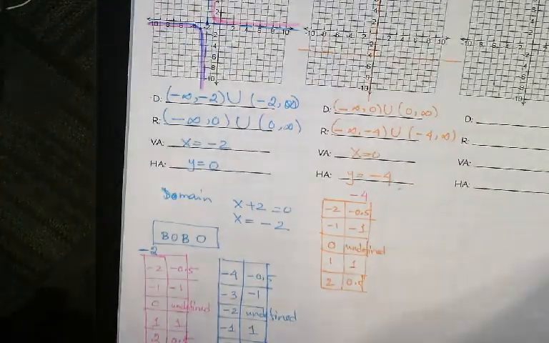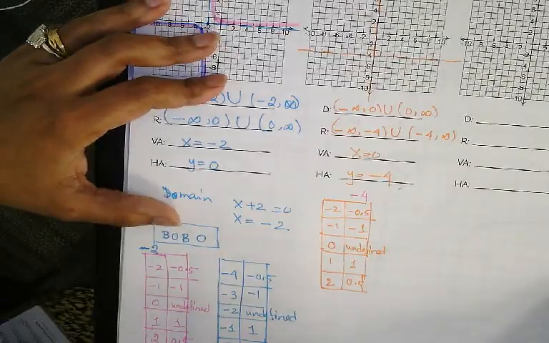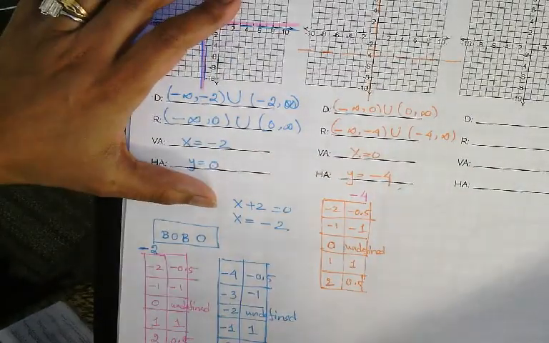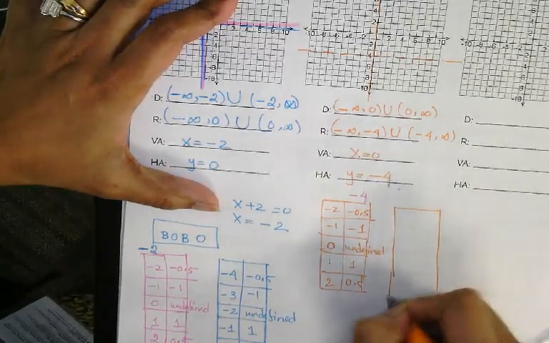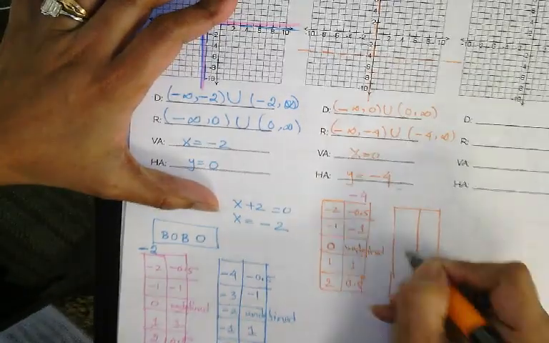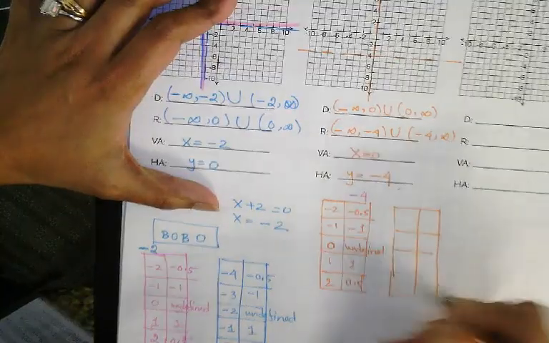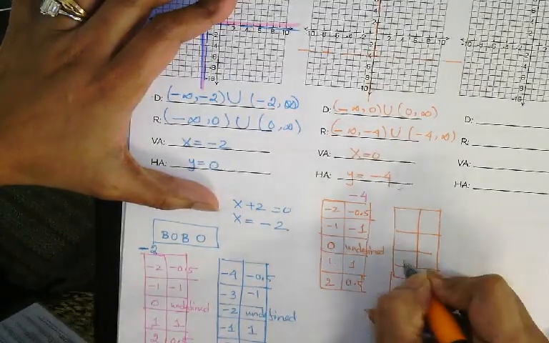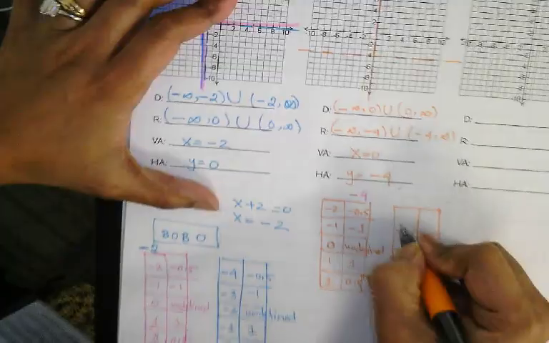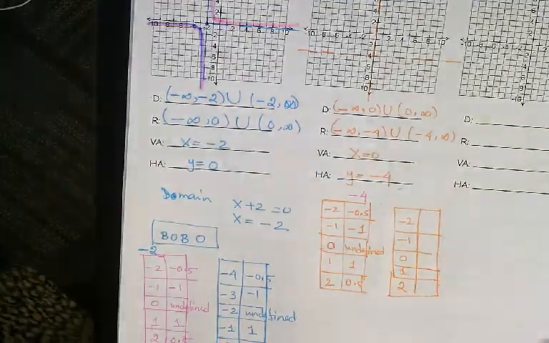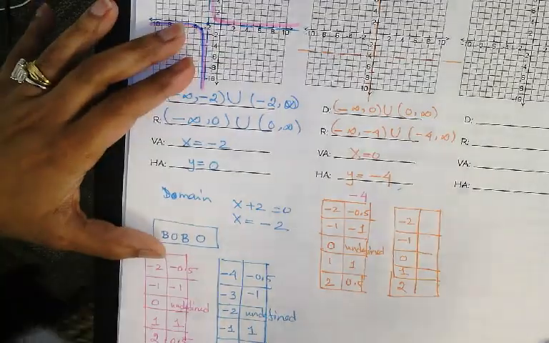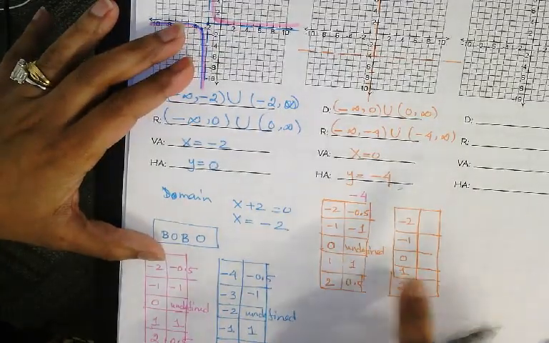Let's make the new table over here. That's going to be for the transform table. So let's make it again. X value doesn't change at all. 0, negative 1, negative 2, 1 and 2. That stays the same. The new y values are going to be over here.